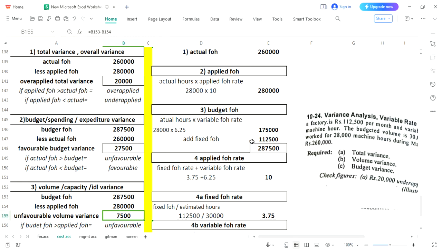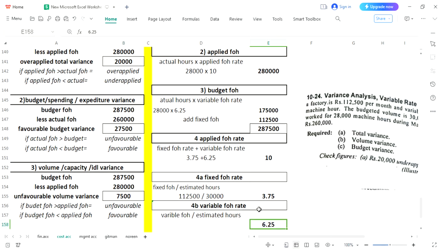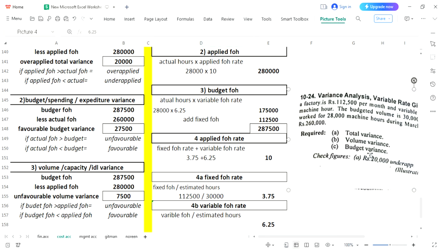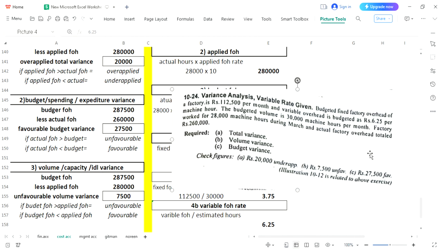The twist or the difference of this question, if we compare it to the other question, is only one thing, that was the variable FOH rate. You can see we haven't applied the formula over here, and without application we have written the rate. Why? Because the variable FOH rate was given in calculated form. 6.25 was already written over here in the question, so we have directly written the rate.